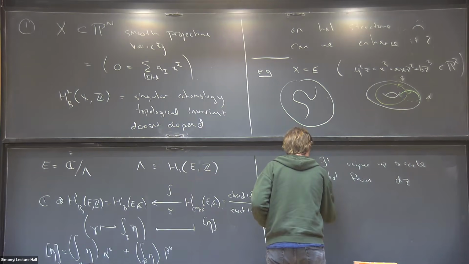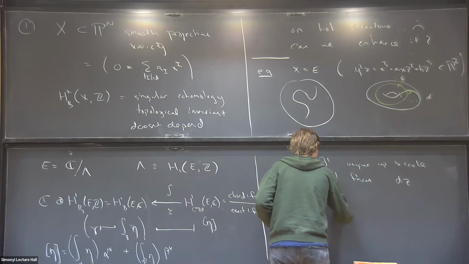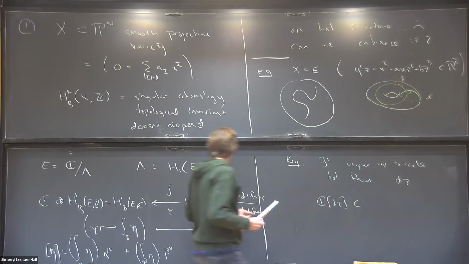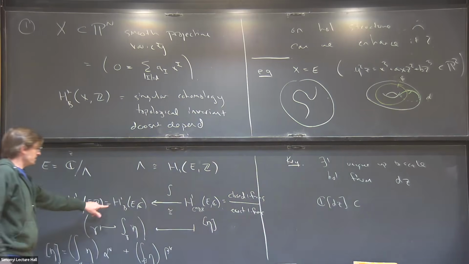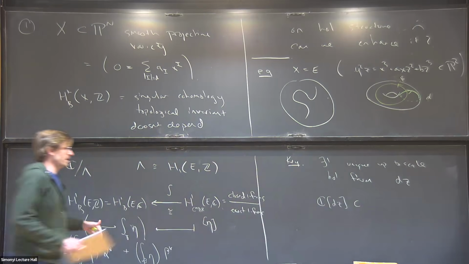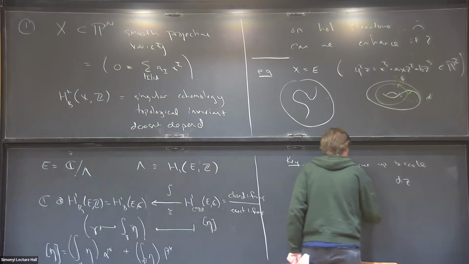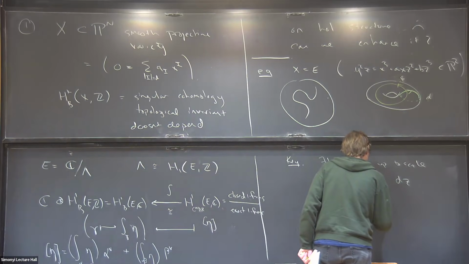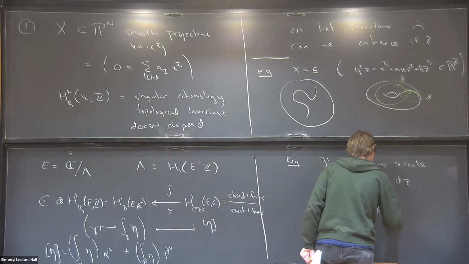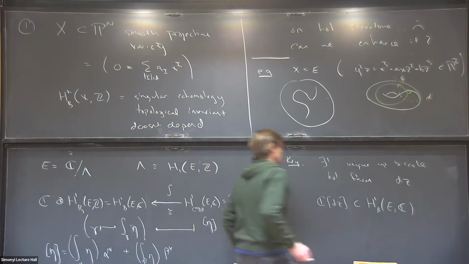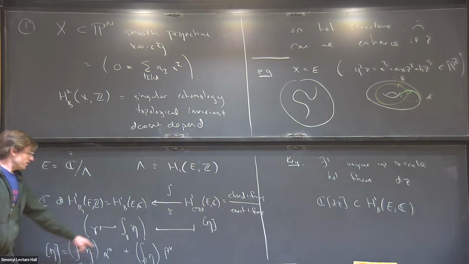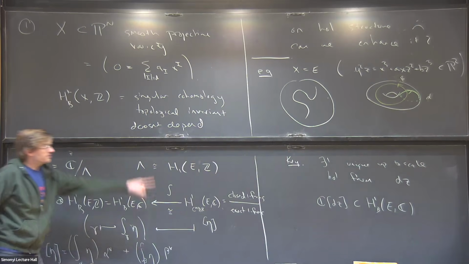Okay, so we get this line, multiples of dz, sitting inside, well, it sits inside here, but under this integration map, it gets embedded inside of here. And what are the coefficients in terms of this basis?